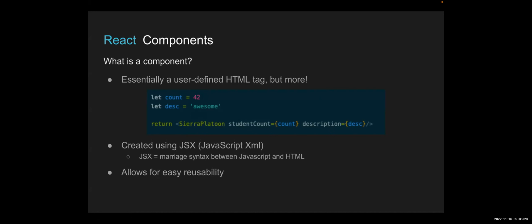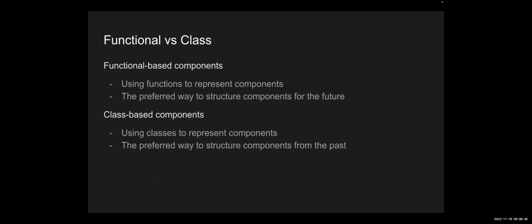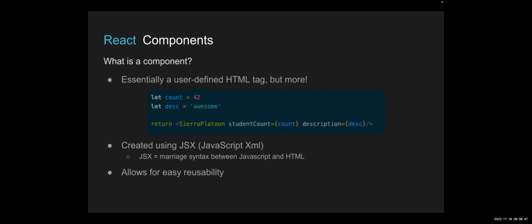Let's say you're making a blog website and you want each component of the blog to have a certain format and a certain functionality. You can just create one of these components and then reuse it throughout your code.